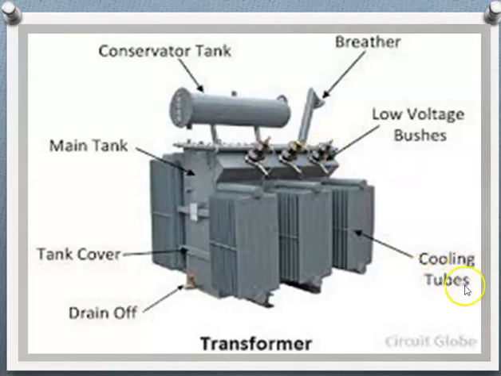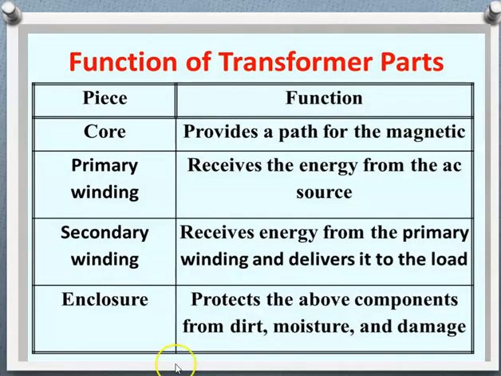These are the cooling tubes which cool the oil used in this main tank. Then this is the tank cover, which is the enclosure for this whole assembly, and this is the drain-off for the oil to be taken out. Okay, so let's discuss one by one.